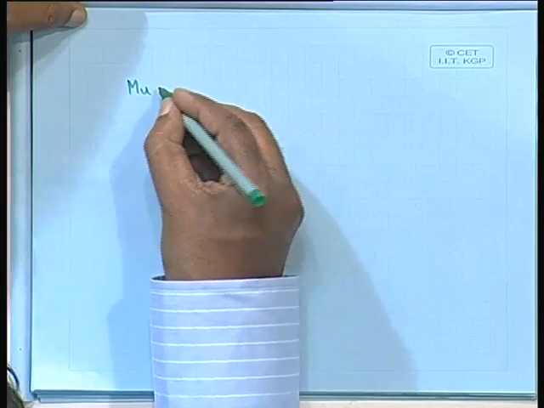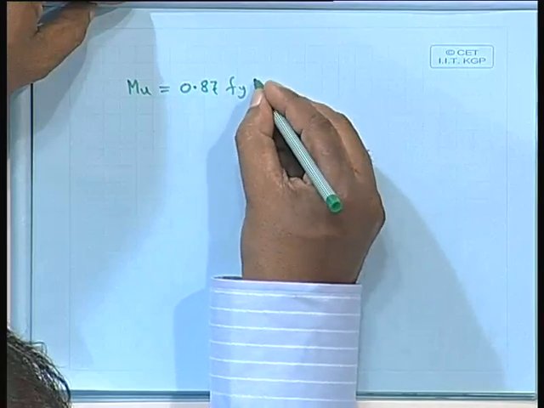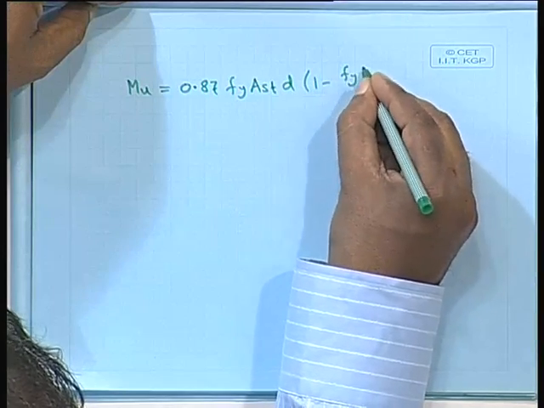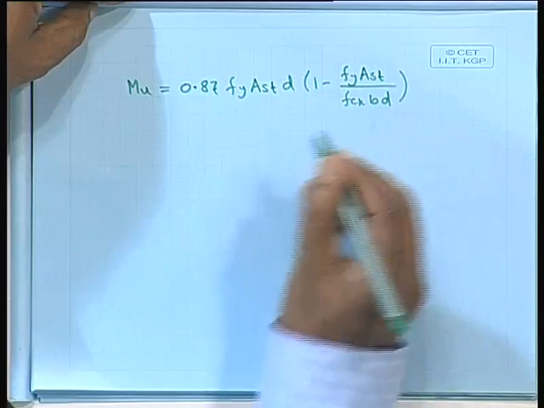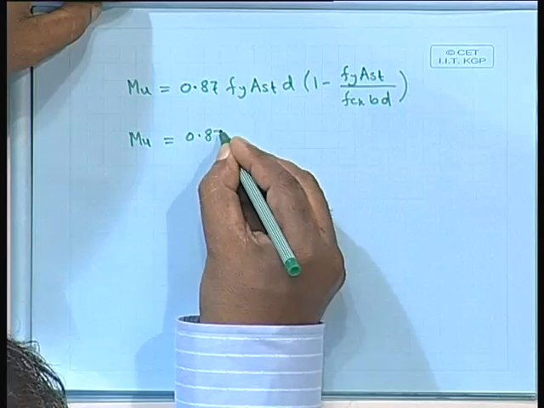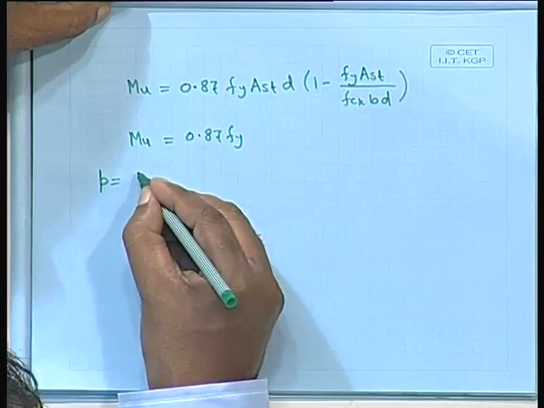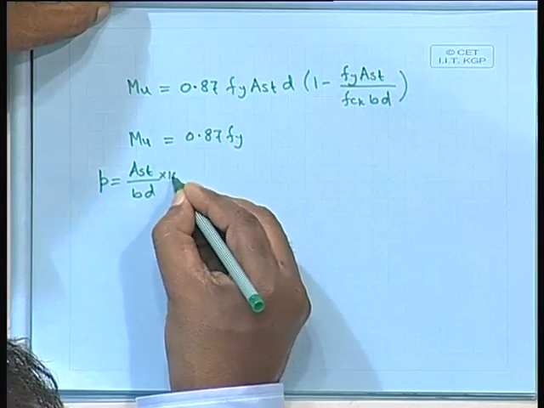Therefore, we can write Mu equals 0.87 FOI, P, that percentage of steel, I can write as AST by BD into 100.